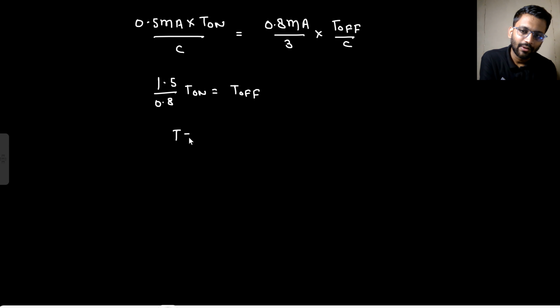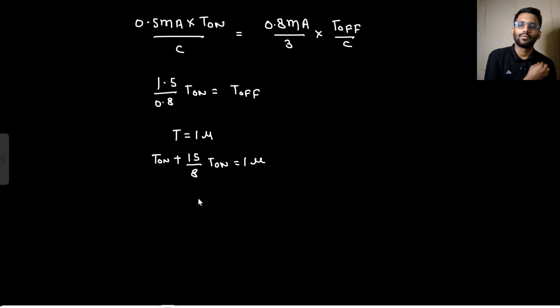And the total time window is 1 microsecond. So what will you get? T on plus 15 by 8 into T on is equal to 1 microsecond. So T on would be 8 by 23 microsecond.